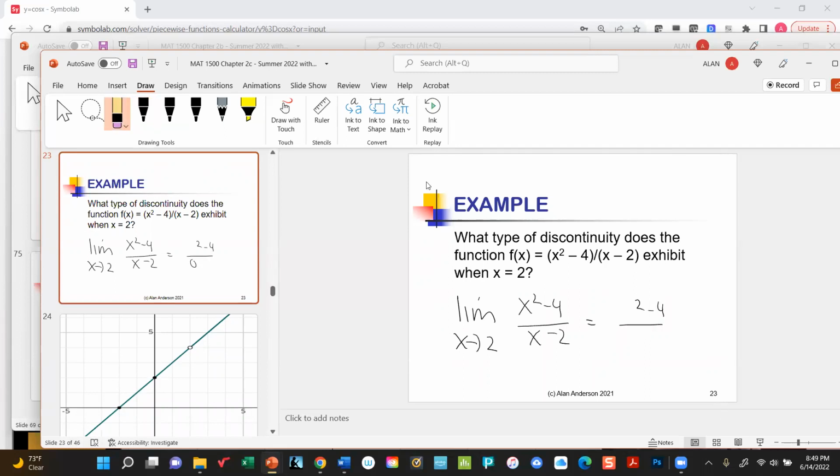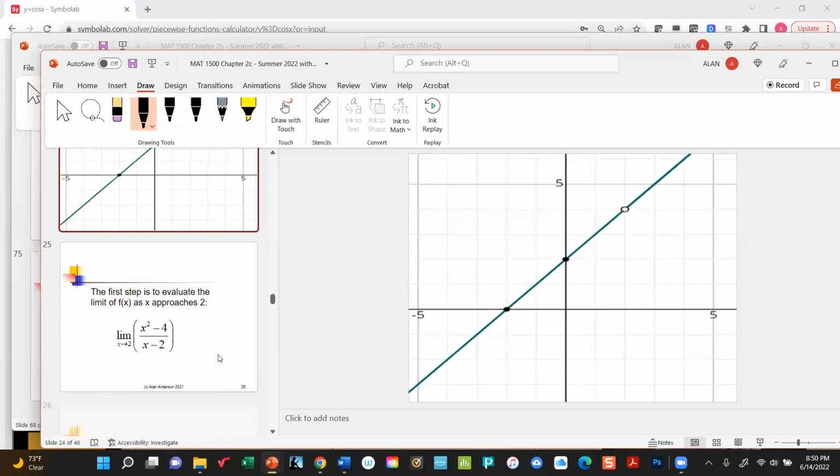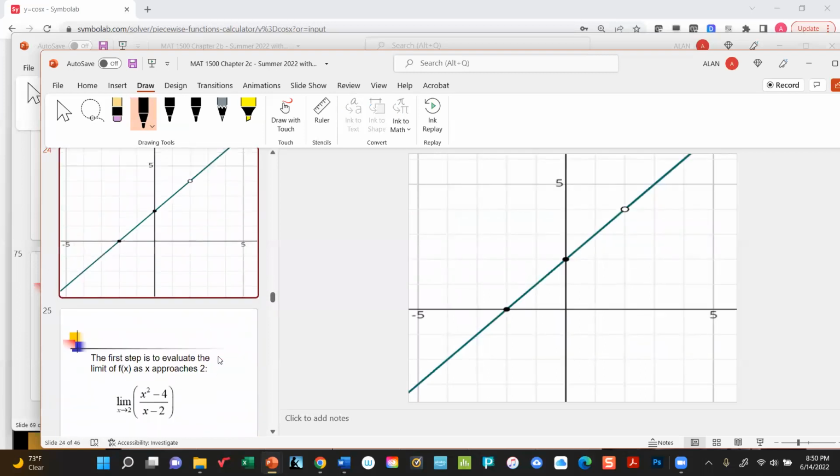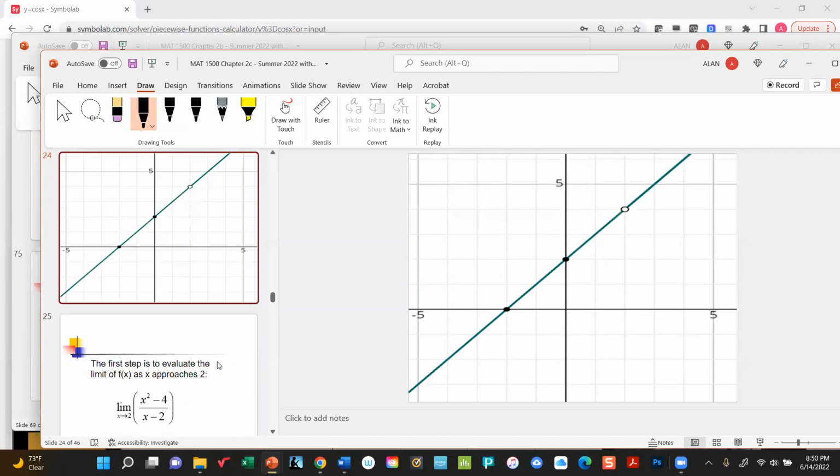In fact, it's our old friend 0 over 0. Now, what we're being asked here to do is not find the actual limit. What we're trying to do is determine what kind of discontinuity this is. Okay, so if you look at it carefully, you'll see this is the one with the hole.